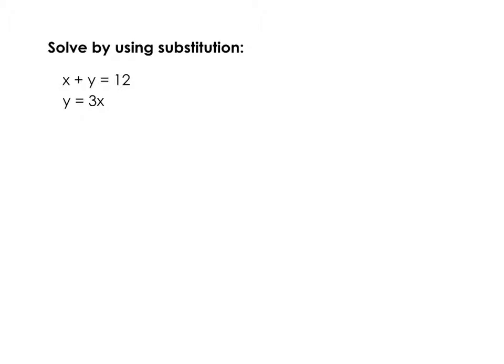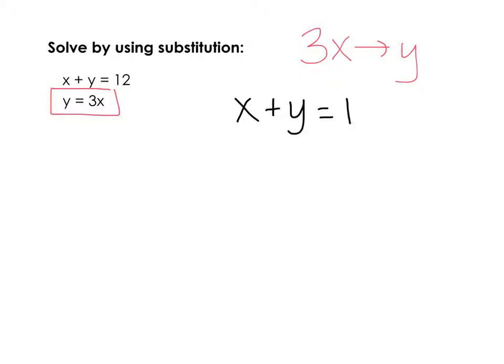So again, step 1, check to see if one of your equations is solved for x or y. I see that y is equal to 3x. That means 3x can replace y. So, in my original equation, x plus y equals 12, if 3x can take the place of y, I'll just put it in right where my y is.